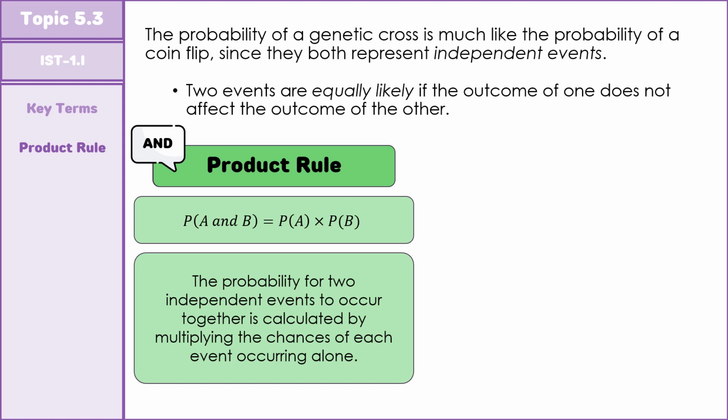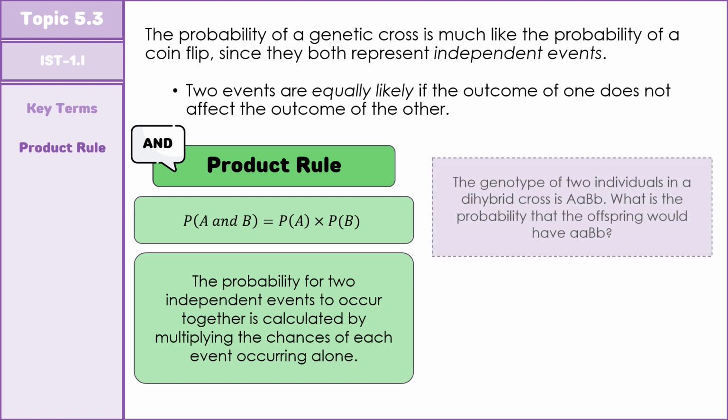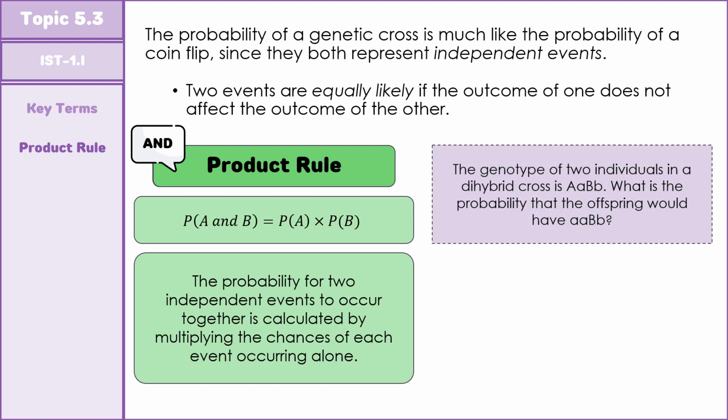So let's look at a practice problem with this one. Let's say that the genotype of 2 individuals in a dihybrid cross is dominant A, recessive A, dominant B, recessive B. So we've got heterozygous individuals for both traits.